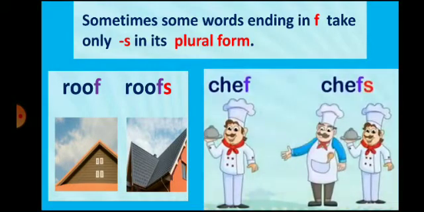Now there is one more word, that is chef. Chef means the person who cooks food in the hotel. So there is f at the end, but it would not follow the rule because it is a naughty word. So we will not cancel f and write ves, but instead we just add s to make its plural, chefs. Okay children, you have to remember these naughty words.